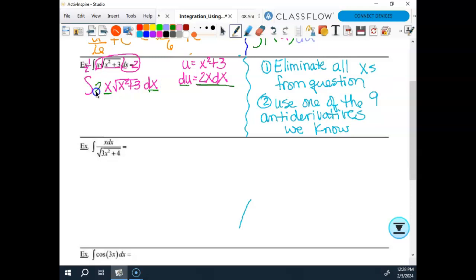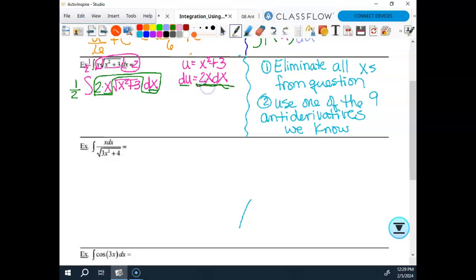So in order for me to just put 2 in here, I can't just change the value of it. So I basically need to divide it back out on the outside so that it has a value of 1. All right? So would you agree that 1/2 times 2 is 1? So would you agree I have not changed the value of this integral? Yes. And I did that because, again, I have to make this match. And I have this 2x dx right here because I can multiply in any order.